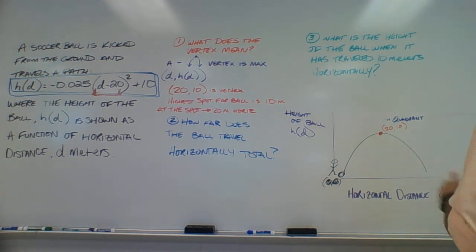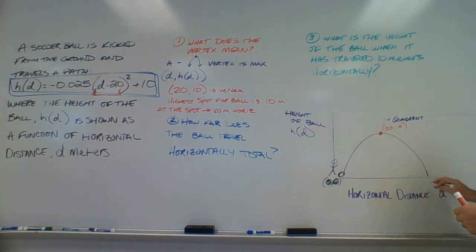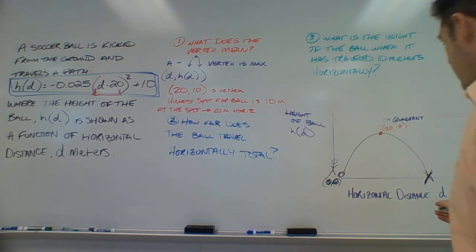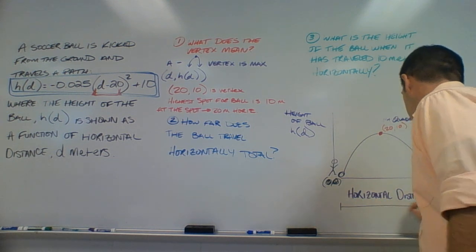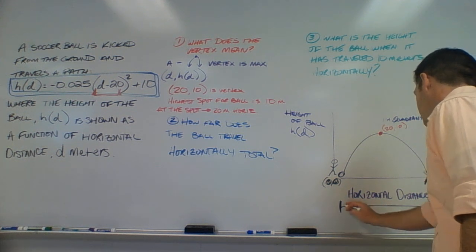We're trying to figure out the total distance horizontally the ball has traveled. So here, I'm just going to mark X as the spot the ball has finally landed, and it is on the ground again, and we're trying to figure out how much we have traveled horizontally during that time frame.